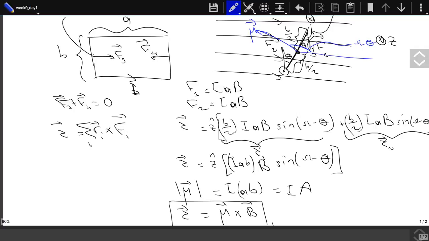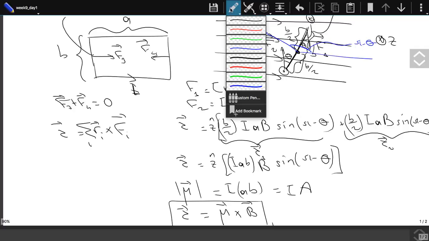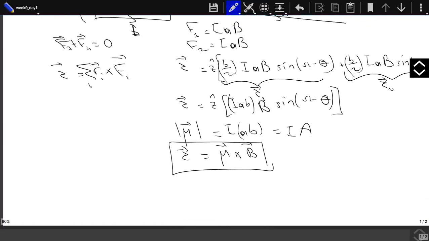So this vector and this vector, they are pointing in the same direction and they have the same magnitude. So they have to be equal vectors. So this is our magnetic dipole moment. Good point. Mu vector is equal to I times the area vector.